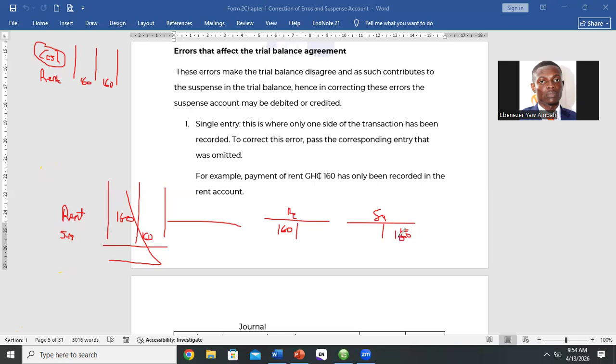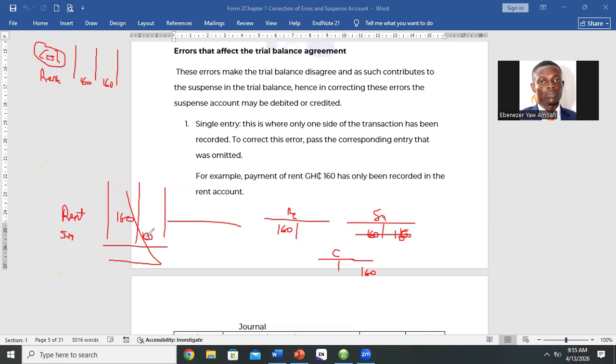So what do we do? We are going to open the cash account and credit it 160. And the corresponding entry goes to where? Suspense 160. Why? Because now we have seen what is causing the error. So we have to cancel suspense. So you see that immediately you pass that entry of credit cash, debit suspense, suspense will go, and then if you are to redraft your trial balance, you have rent 160 and then cash 160.